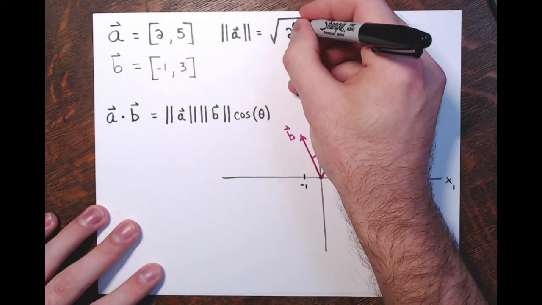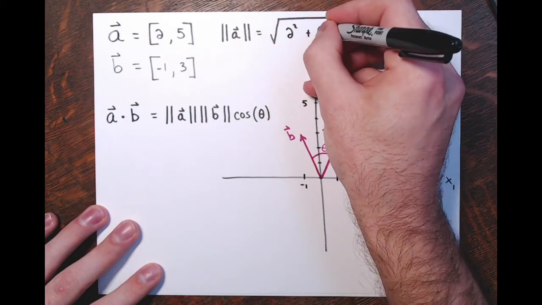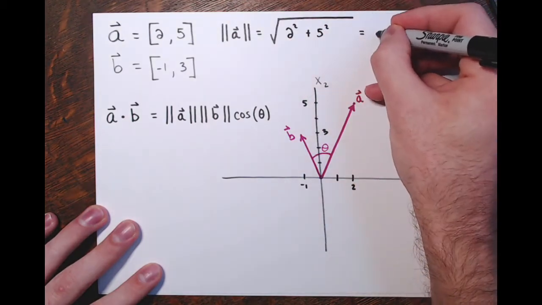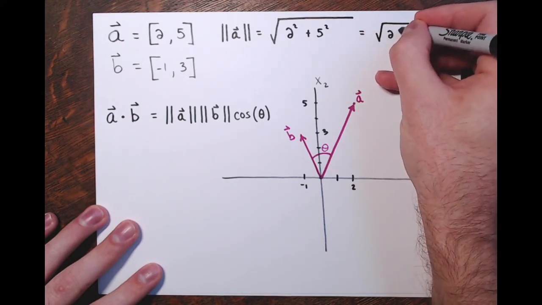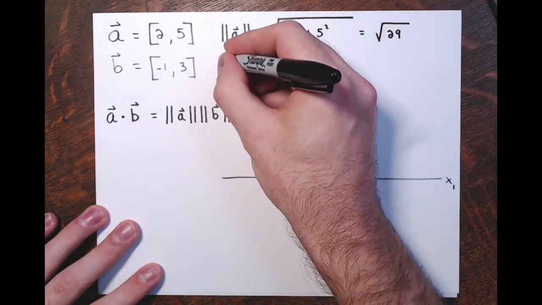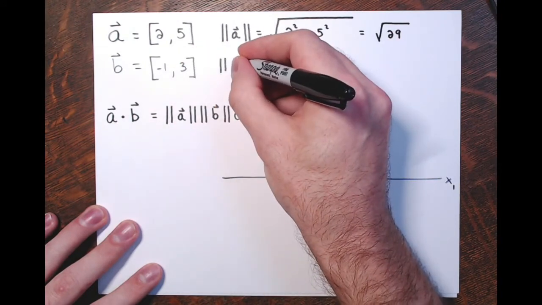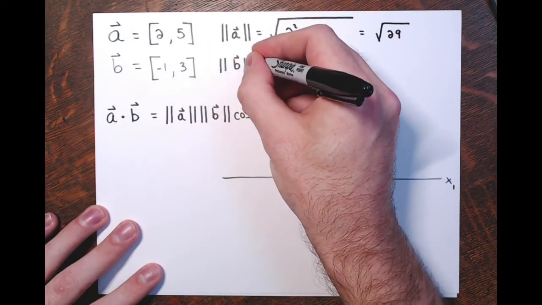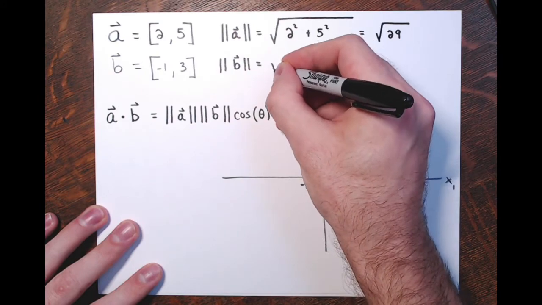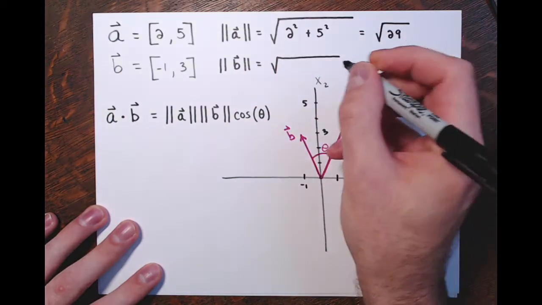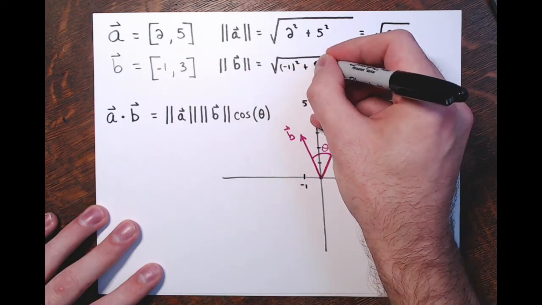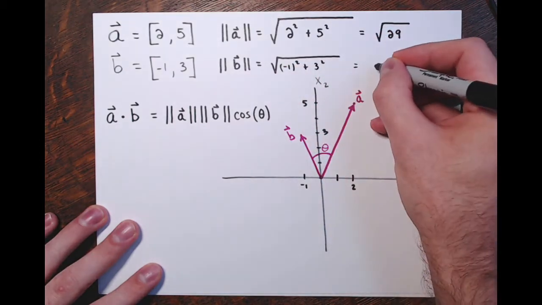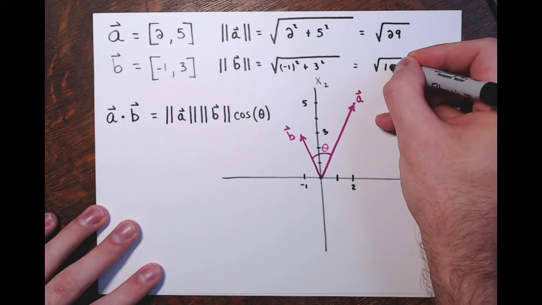So 2 squared plus 5 squared, so this is the square root of 29, 4 plus 25. And the same thing goes, I can easily find the magnitude of vector B. It's the length of it, the square root of negative 1 squared plus 3 squared. That's the square root of 10.